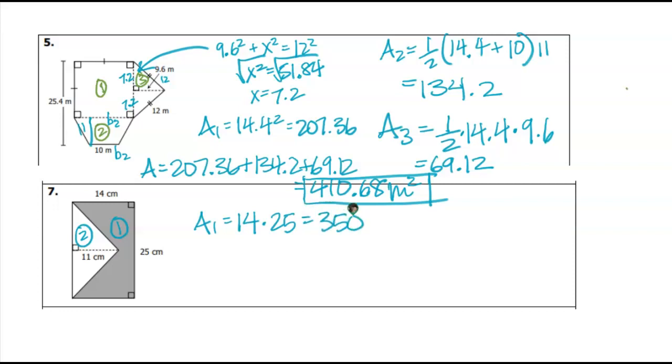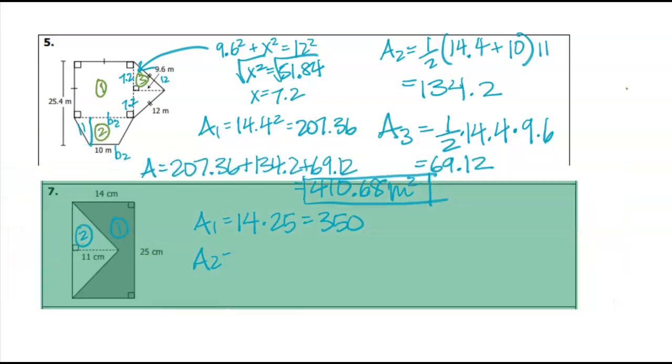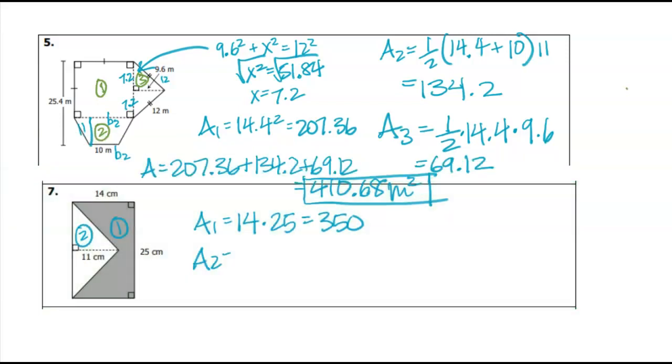Okay, then the area of my second region is my triangle. It's going to be 1/2 base, which is the length of the rectangle, 25, and then the height is 11, and that comes out to 137.5.